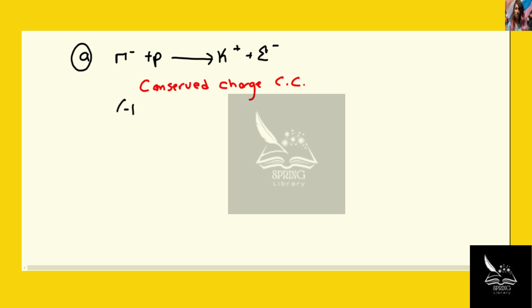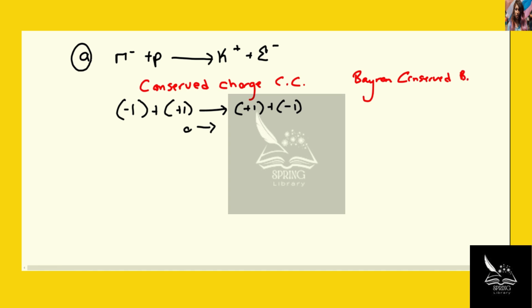So -1 plus +1 on this side, and the other side is +1 plus -1. So that's going to be 0 to 0. Next, we're going to look at the baryon number conserved.